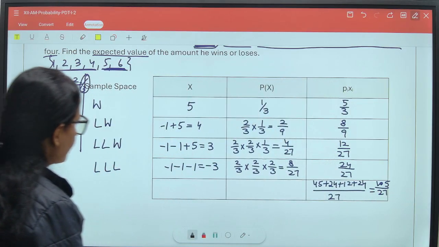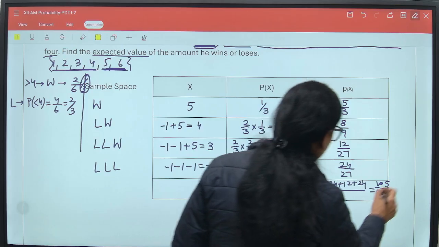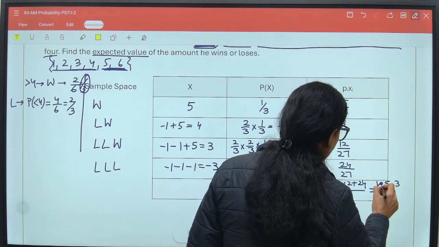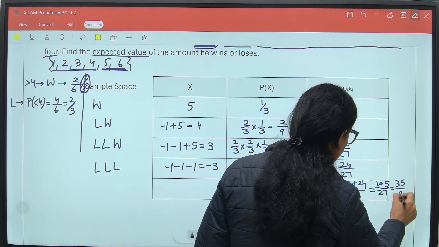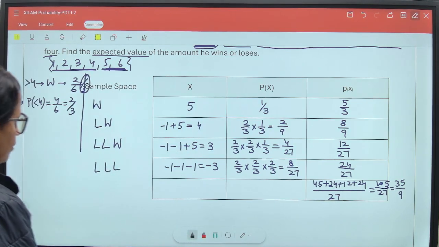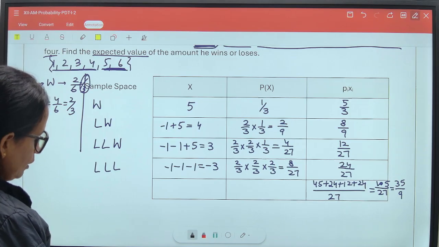Now these have common factors, so when you reduce it to lowest form, it comes out to be 3 threes are 9, 3 fives are 15 and 3 nines are 27. So it comes out to be 35 by 9.